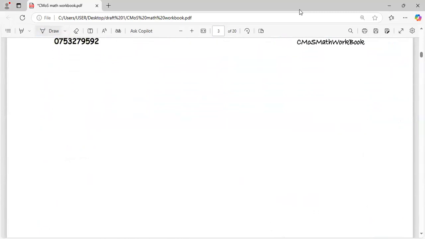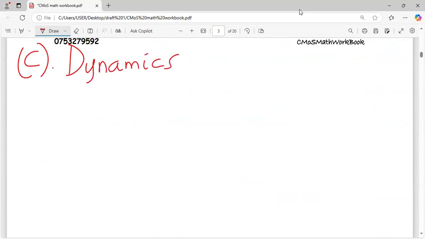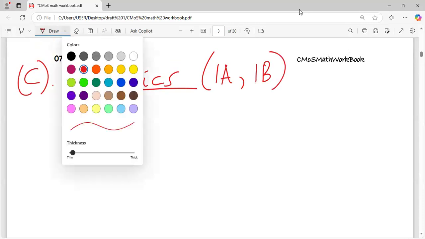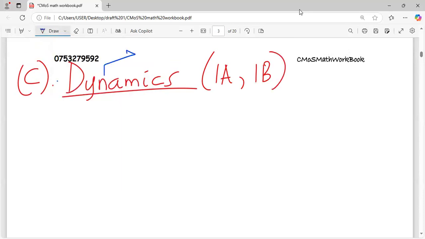So dynamics, they are 8. Dynamics, where I have one question in section A, and one question in B, by these topics, actually 8.